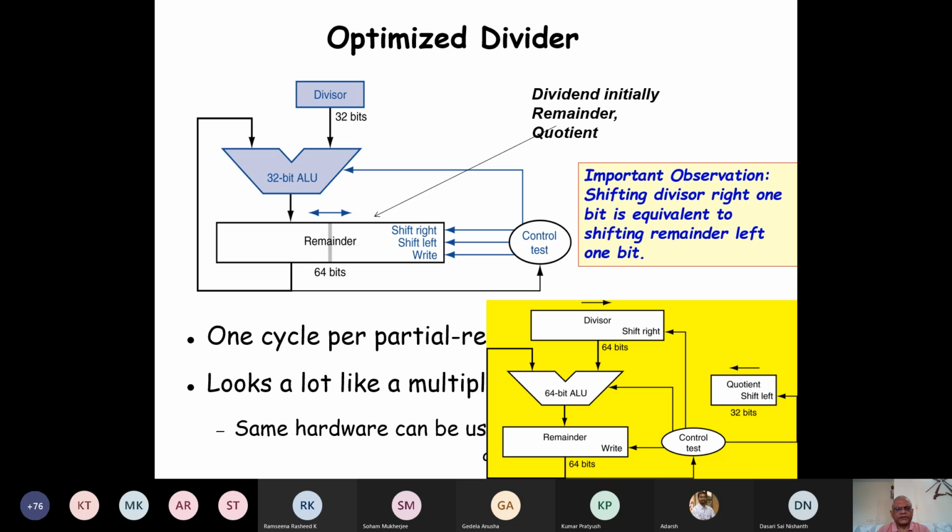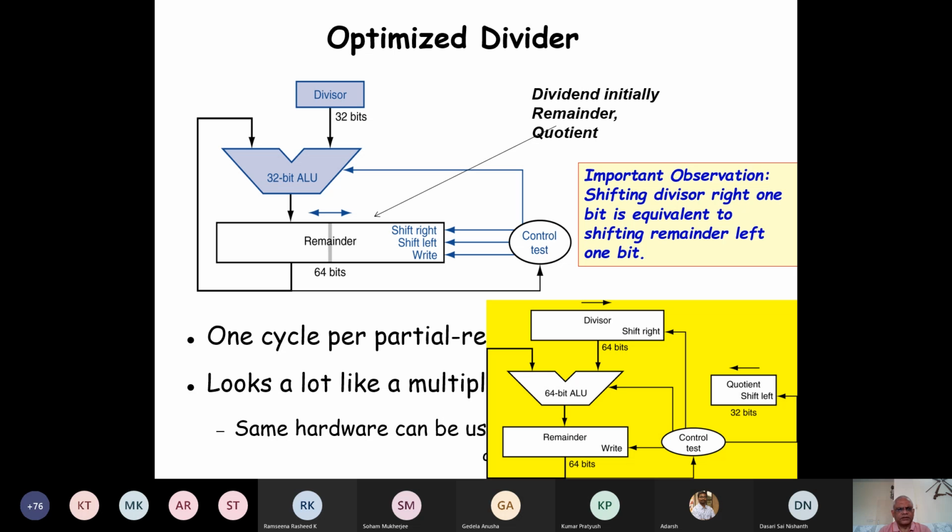So now we have simplified. We just need one operation, shift left, and the quotient is being pushed here. The same quotient which we had as a separate register: as the dividend is being pushed to the left, the quotient will be added here in the bits vacated by the remainder.